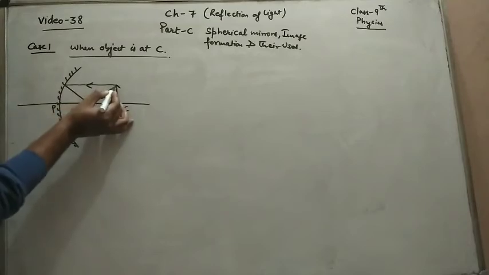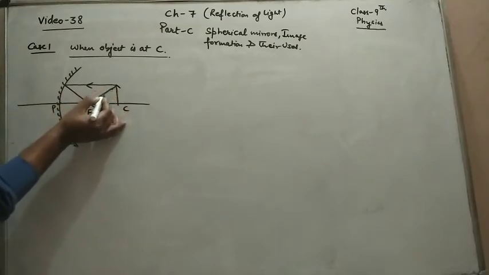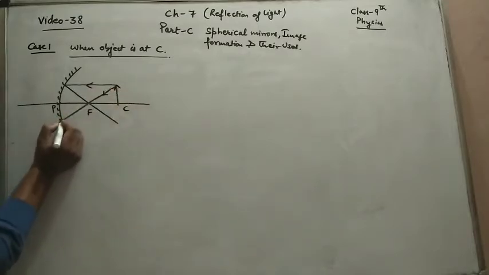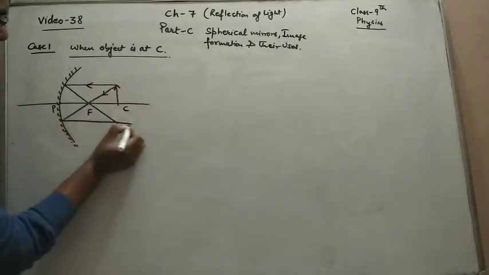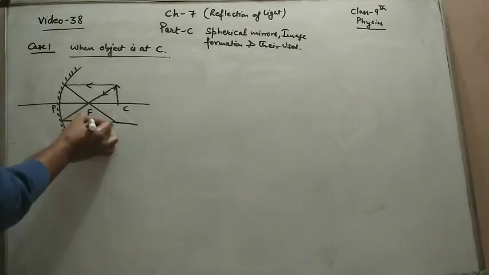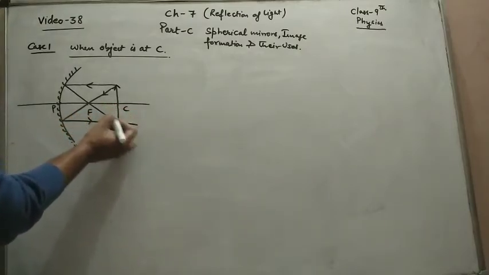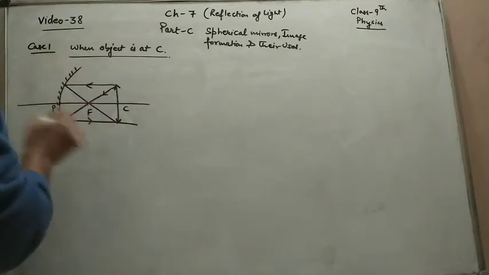And the ray which is passing through focus, after reflection it will go parallel, right? So it is intersecting at the same position, at C only.